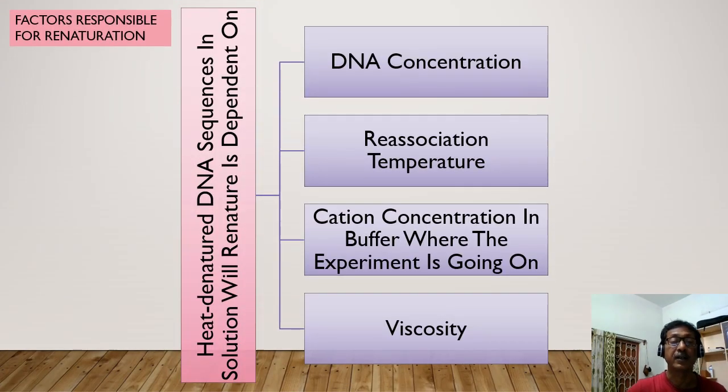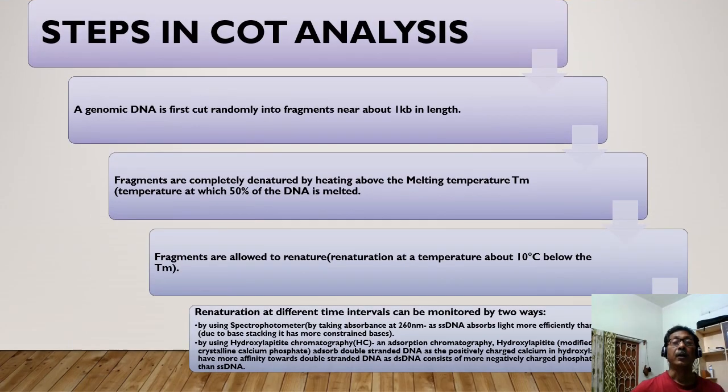Now, what are the factors responsible for renaturation? DNA concentration, time, temperature, and the cation concentration in the water, as well as viscosity. What are the steps in Cot analysis?